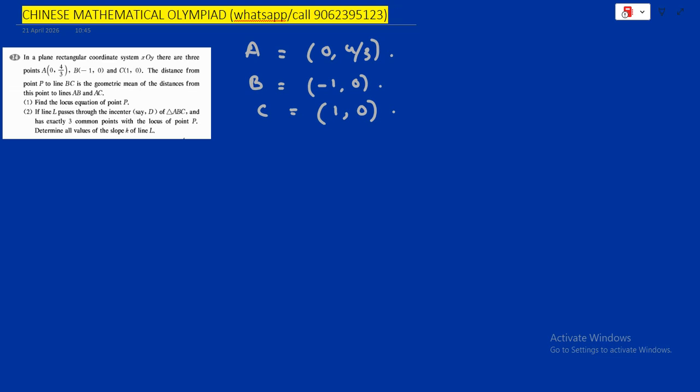Now we are told the distance from P to BC is the geometric mean of the distances to AB and AC. So the distance to BC is the root of the distance to AB into the distance to AC.